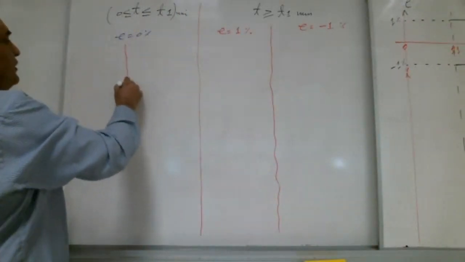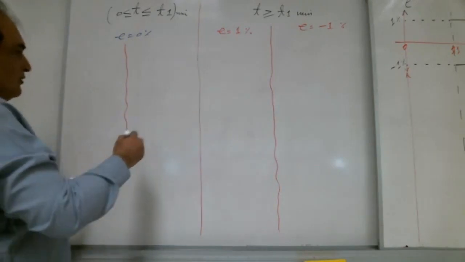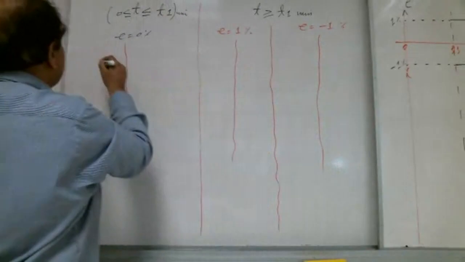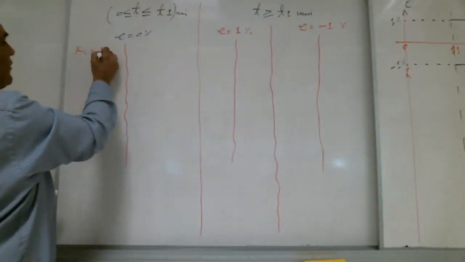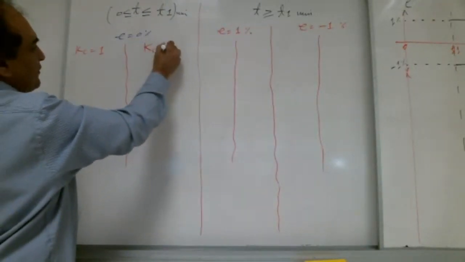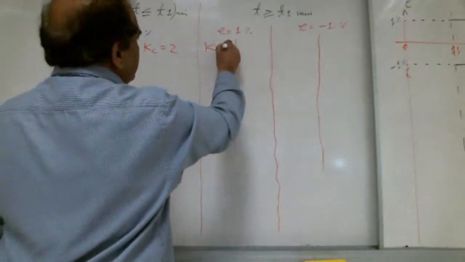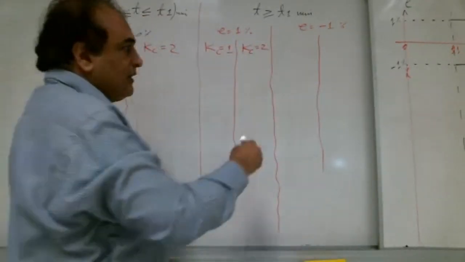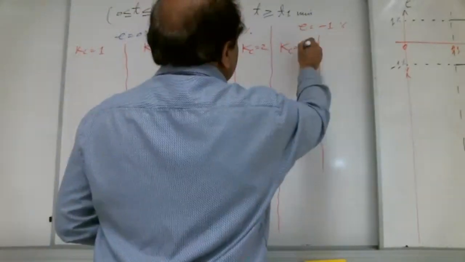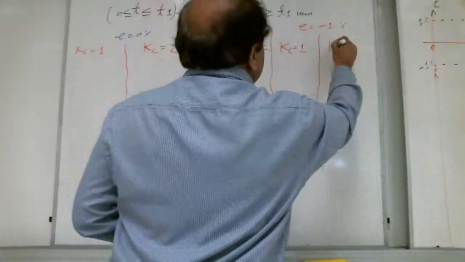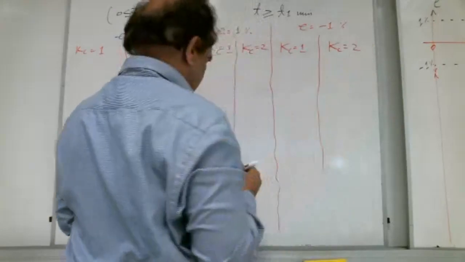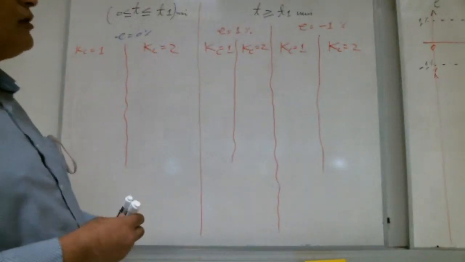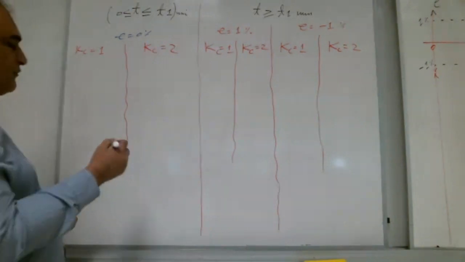We make a line here, and one line here again. So Kc is equal to 1, Kc is equal to 2, Kc is equal to 1, Kc is equal to 2. All these gains are there. Now it is proportional action, so very easy to find.